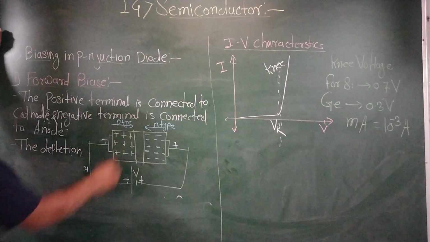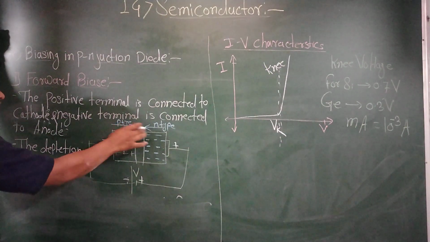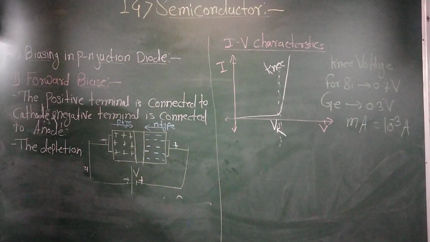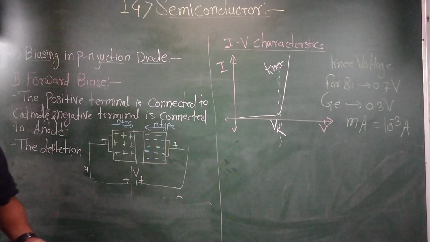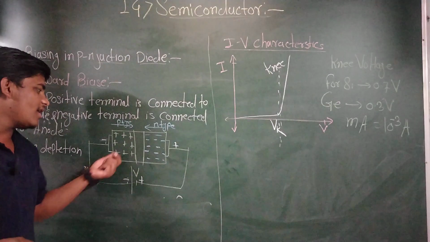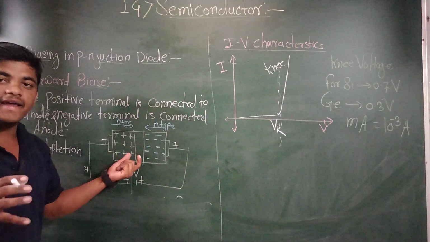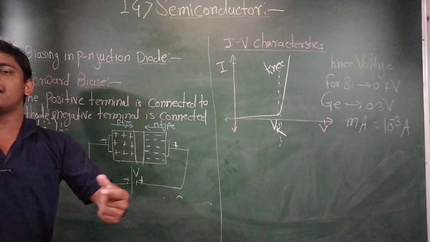The charges produced in the p-type region and n-type region get attracted to their respective ends or terminals, and the depletion region gets increased.